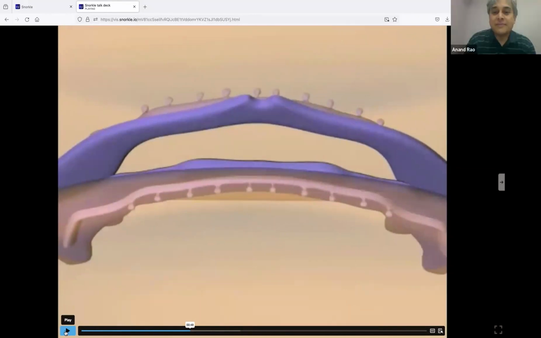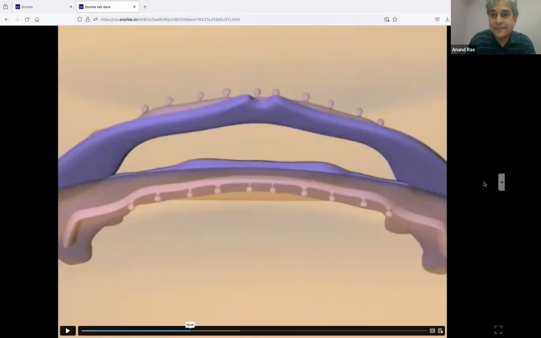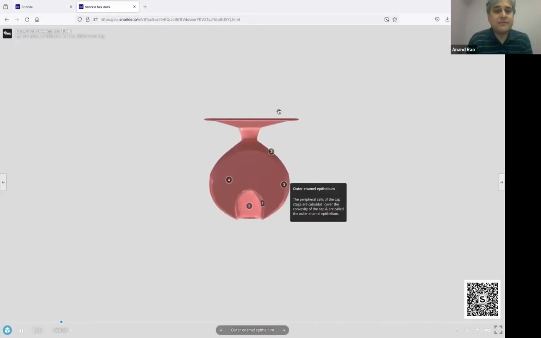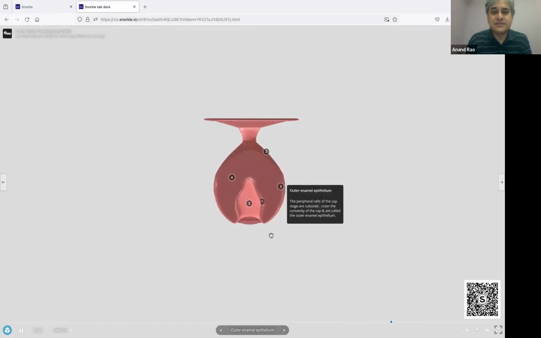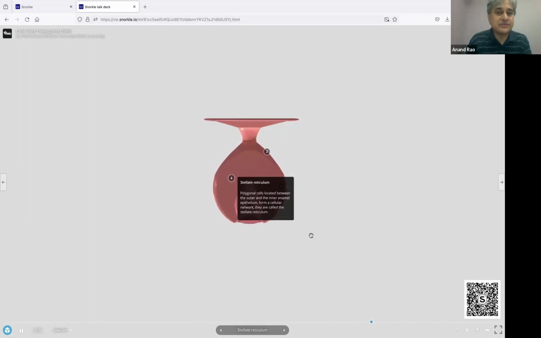Great. I just wanted to talk to you about the bud, cap, and bell stages of tooth development. John, I might ask you if you can just advance the slide for me. So I'm just going to quickly go through. This animation is showing you those bud, cap, and bell stages of tooth development.